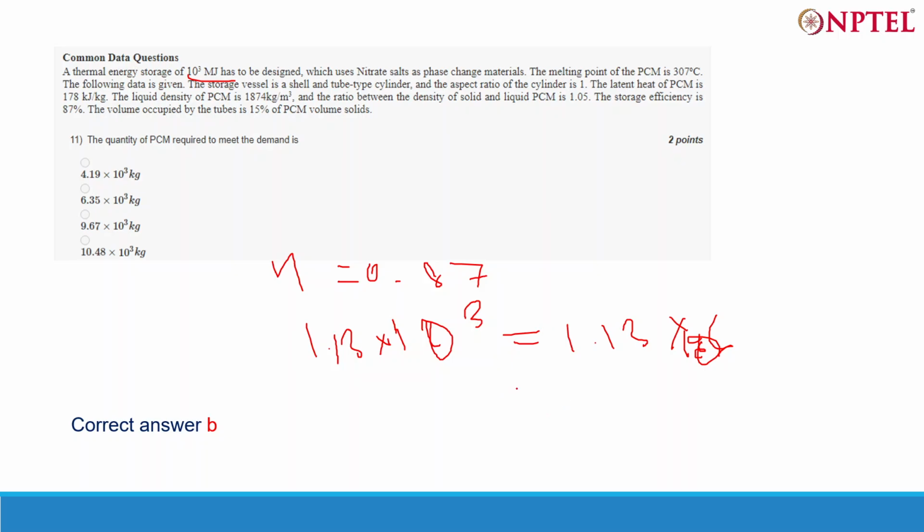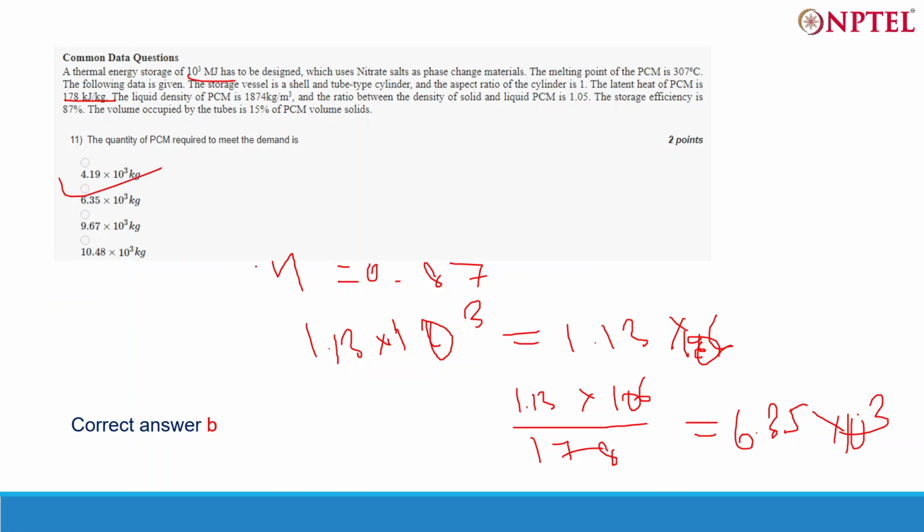Now quantity of heat is basically 1.13 into 10 to the power 6, and then latent heat is given 178 kilojoule per kg. So correct answer is 6.35 into 10 to the power 3 kg.